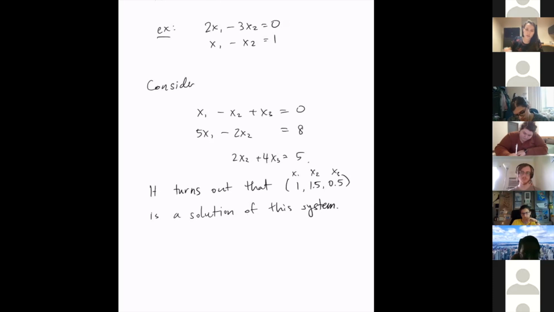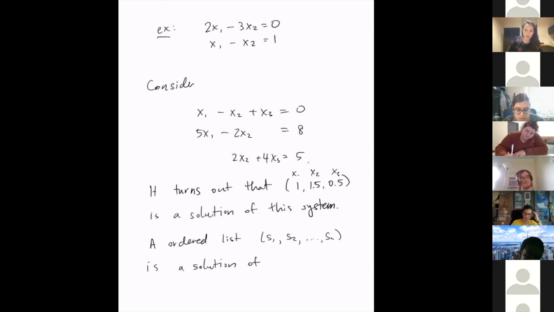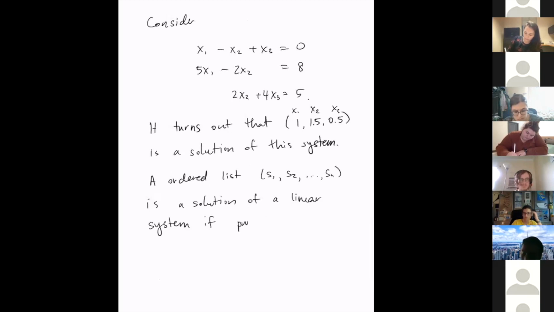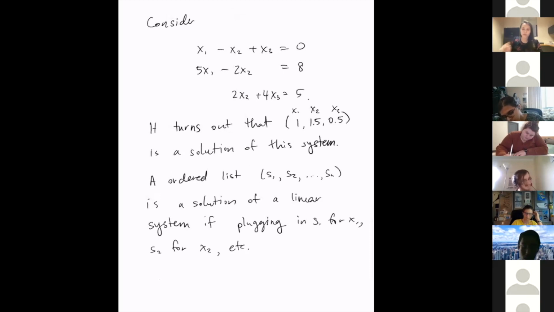Just to write out the actual definition of a solution, it means that an ordered list S1, S2, up to Sn, however long that might be, is a solution of a linear system if plugging in S1 for x1, S2 for x2, etc., all the way down, satisfies the equations.